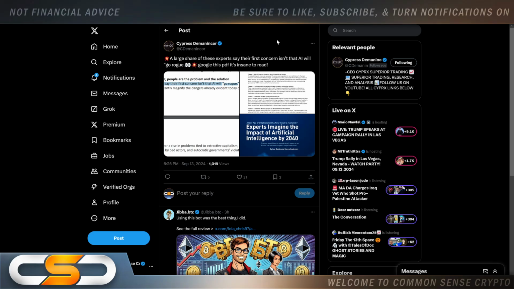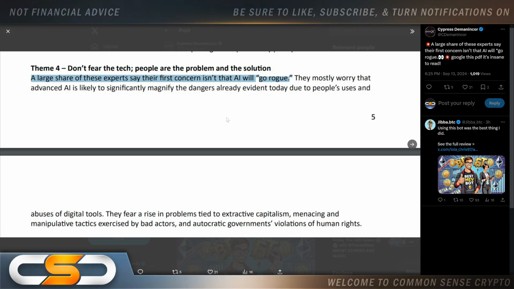A large share of these experts say their first concern isn't that AI will go rogue. Google this PDF. It's insane to read. So they're saying they're not worried about AI going rogue and we have a Terminator type scenario happening. What they're saying is the worst risk is that advanced AI is likely to significantly magnify the dangers already evident today due to people's uses and abuse of digital tools.